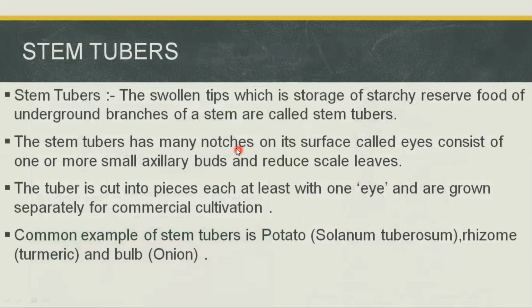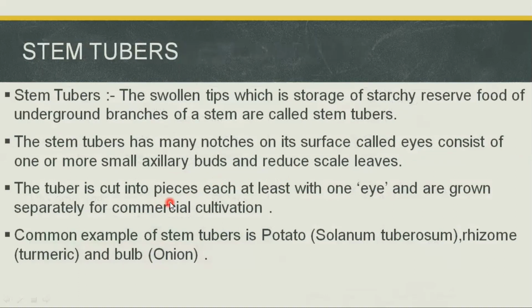Now, what are stem tubers? Stem tubers are the swollen tips of underground branches of the stem, which store starchy reserve food. The stem tuber has many notches on its surface, called eyes. These eyes consist of one or more axillary buds and reduced scale leaves.